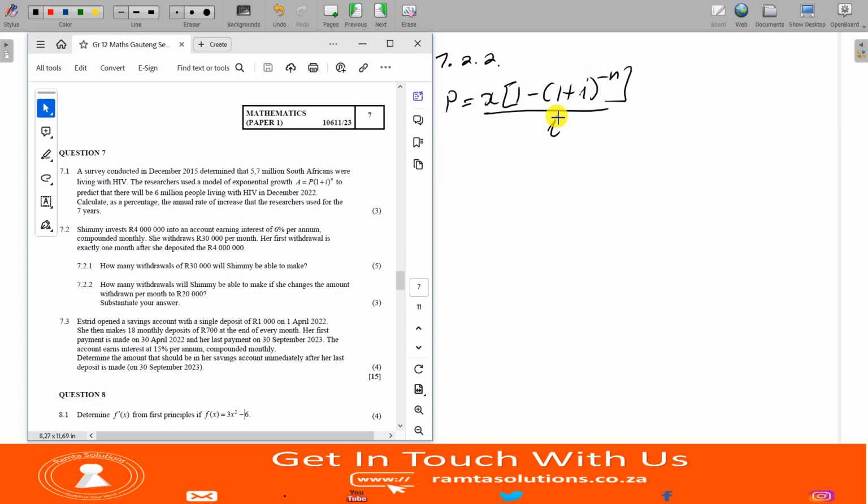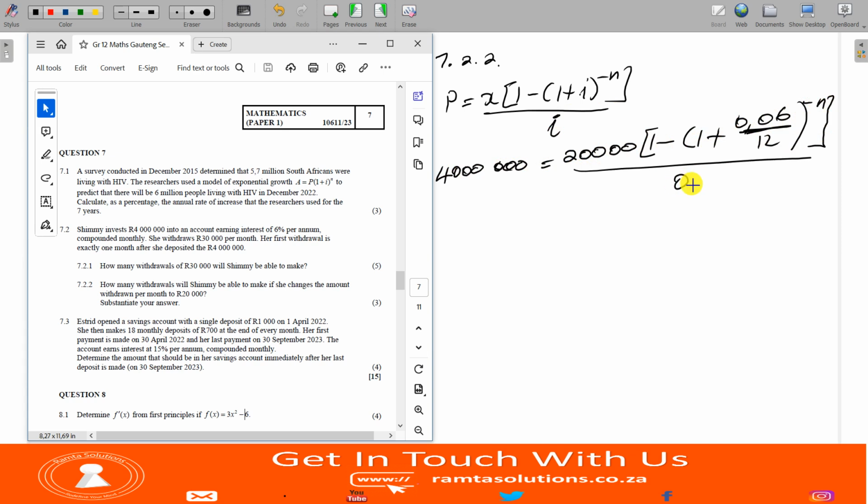The only thing that changed here, guys, is the amount that she's withdrawing. She's now withdrawing 20,000, 0.06 over 12 to the power negative n, over 0.06 over 12.